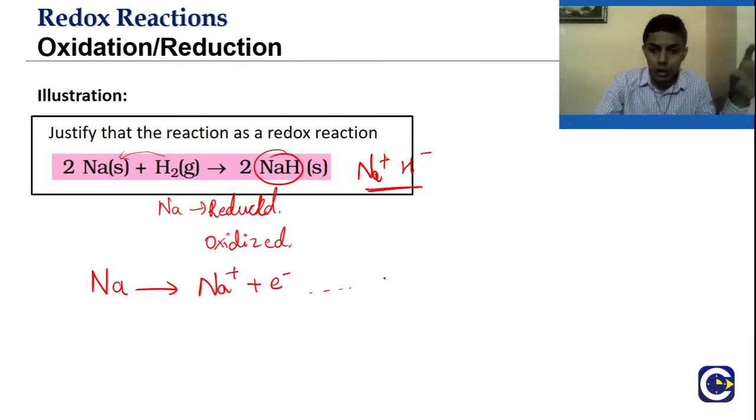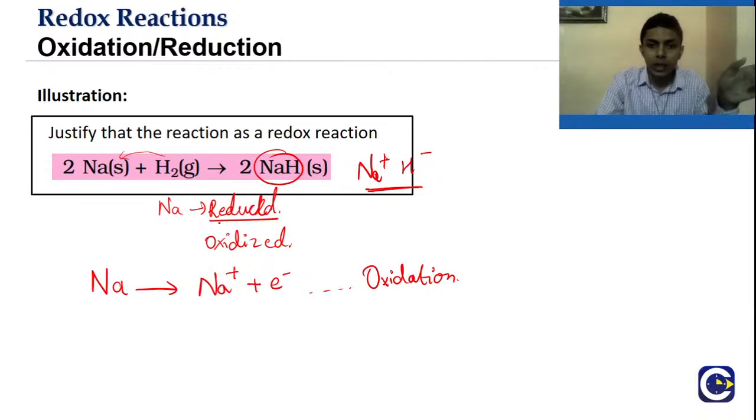So when I see it more carefully, I observe that this is oxidation and not reduction. Clear? If I look at it directly, my conclusion would be it is getting reduced. But if I observe more carefully, it comes out as oxidation, and H is getting converted to H−.